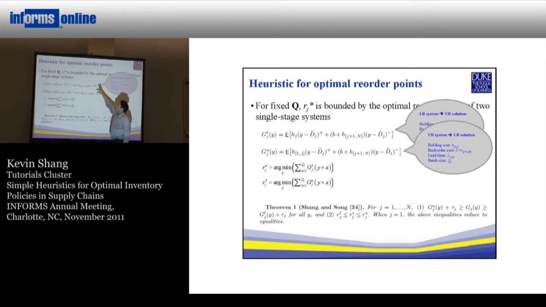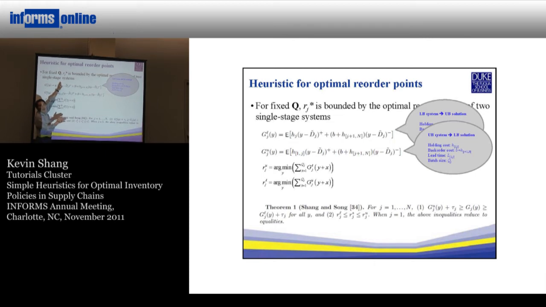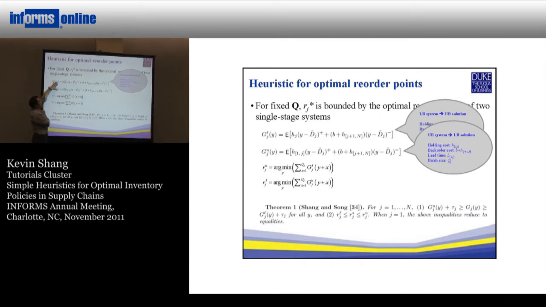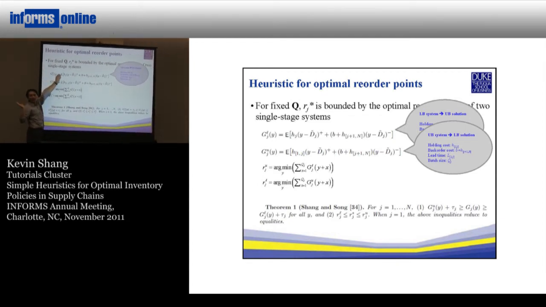So if I want to generate the approximation, the first result is that we found that the optimal reorder point for stage j is bounded by two single-stage systems. And these two single-stage systems are independent from the other stages.